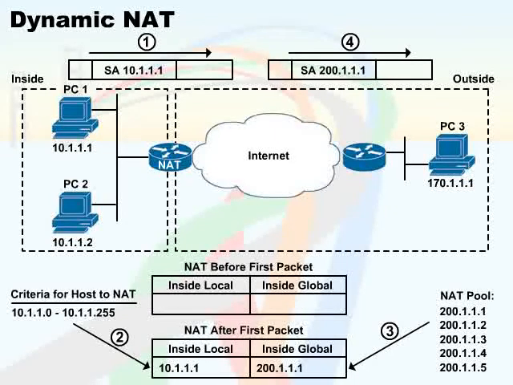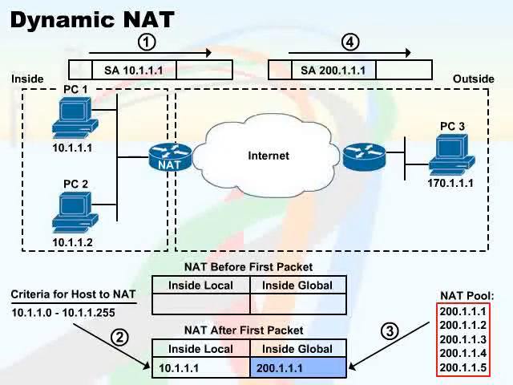When the first packet from PC1 reaches the NAT router, the router looks at the matching criteria to determine whether the packet address needs translation. The matching criteria states that packets with a source IP address starting with 10.1.1 should be translated to inside global addresses of 200.1.1.1 through 200.1.1.5.